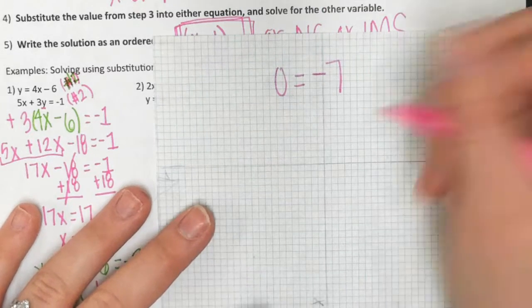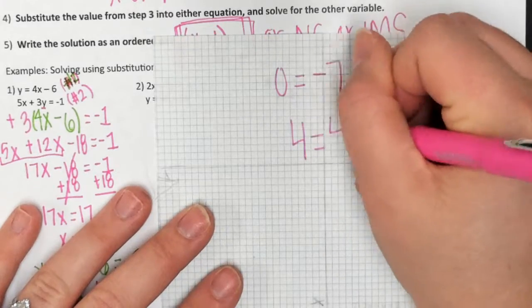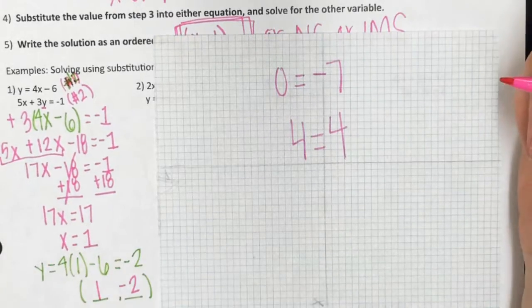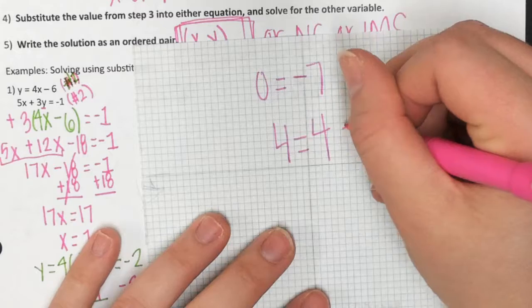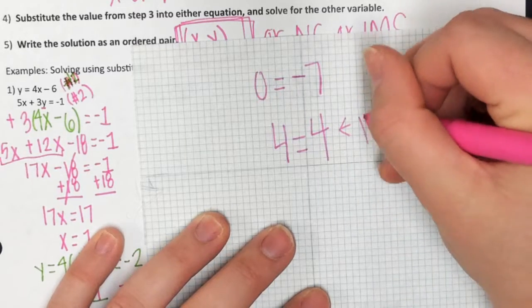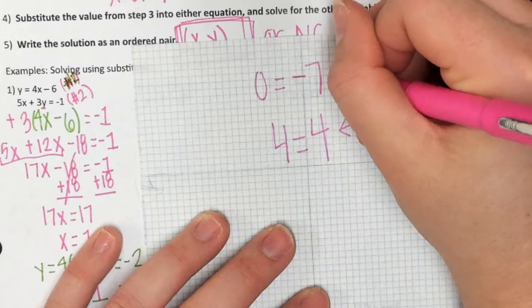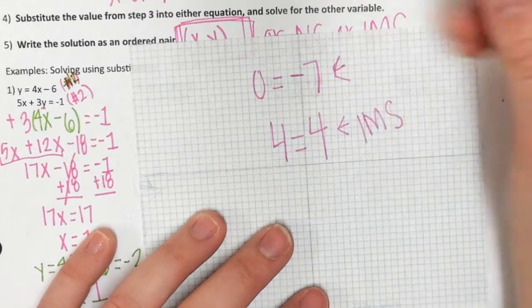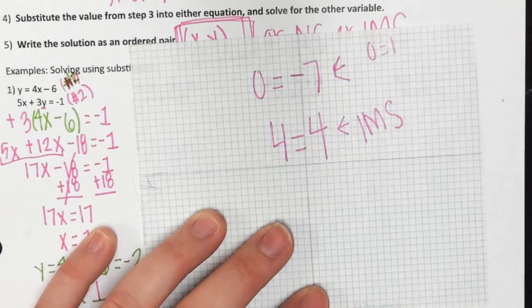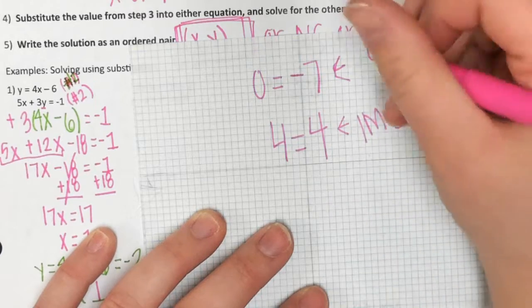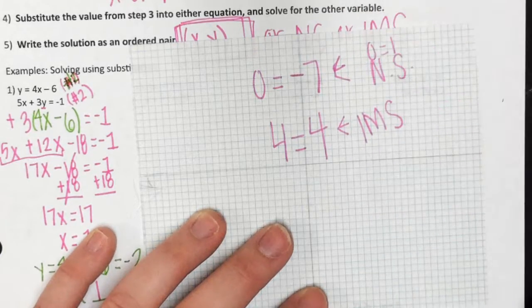No solution. What about 4 equals 4? Infinitely many. If it equals the same thing on both sides, it's infinitely many. If they're not the same at all, so it could be 0 equals 1, that means no solution.